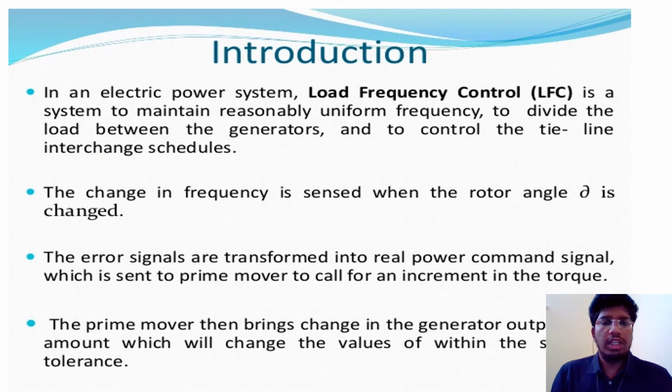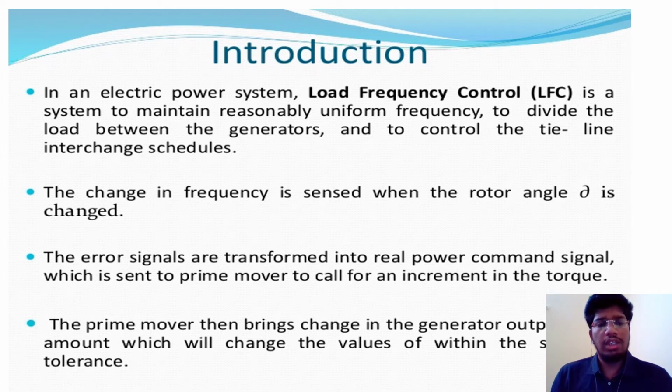Introduction to generator load model. An electric power system load frequency control is a system to maintain reasonably uniform frequency, to divide the load between the generators, and to control the tie line interchange schedules. The change in frequency is sensed when the rotor angle omega is changed.